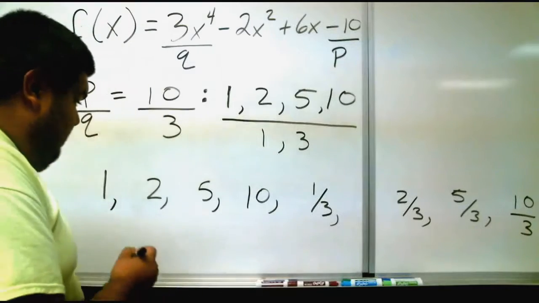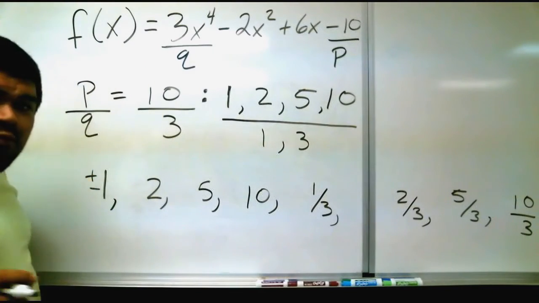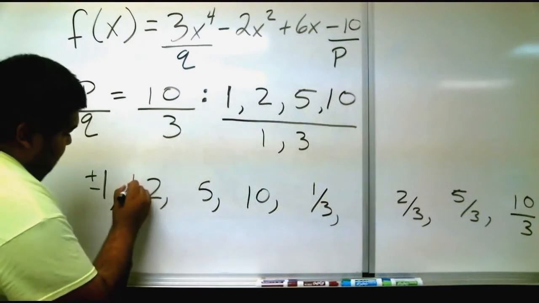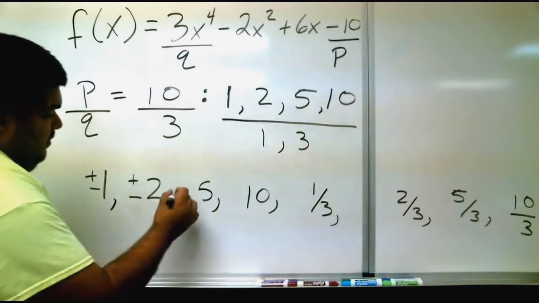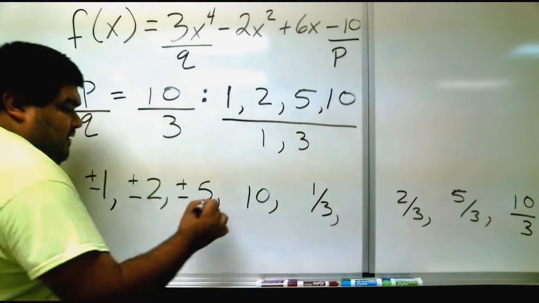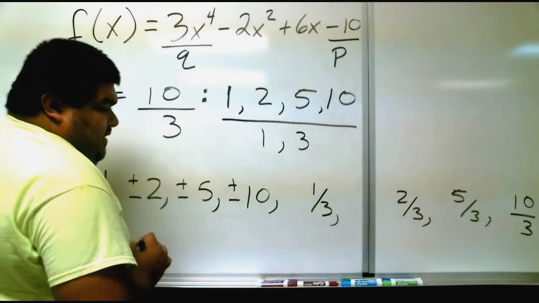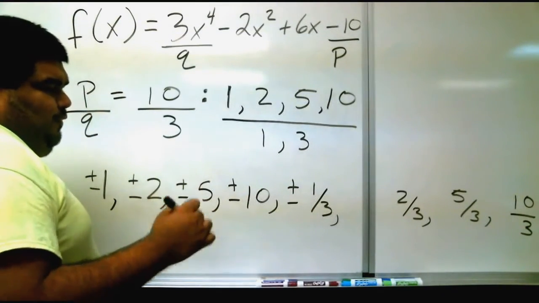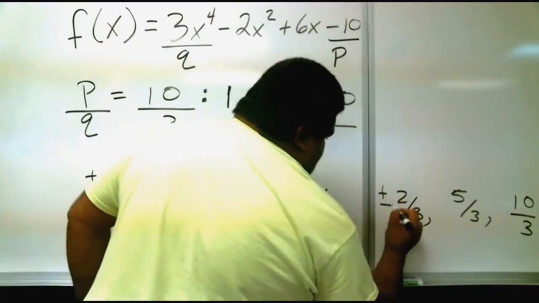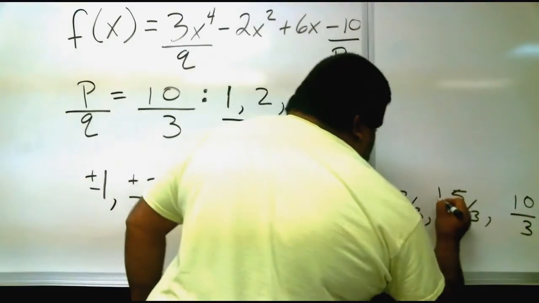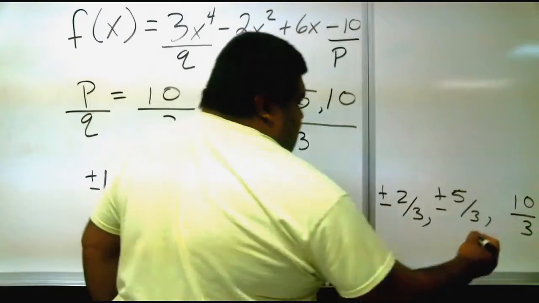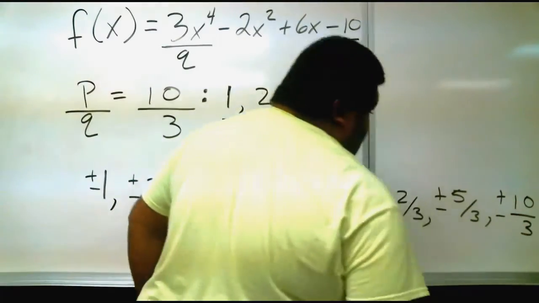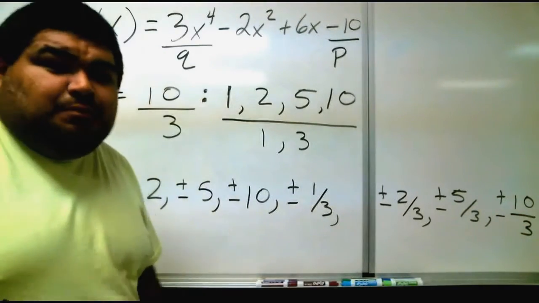So you have plus and minus 1, plus and minus 2, plus and minus 5, plus and minus 10, plus and minus 1/3, plus and minus 2/3, plus and minus 5/3, and finally 10/3 positive and negative.